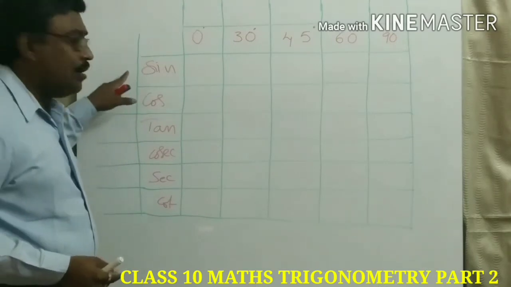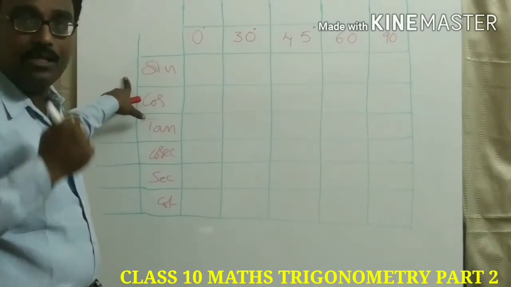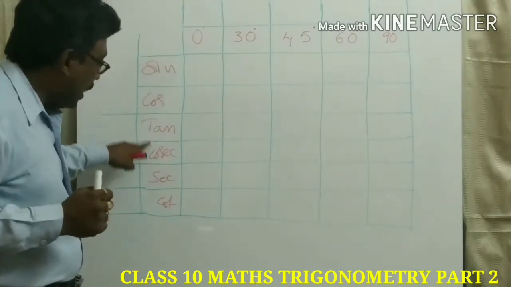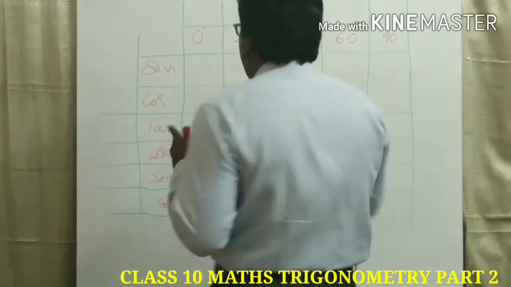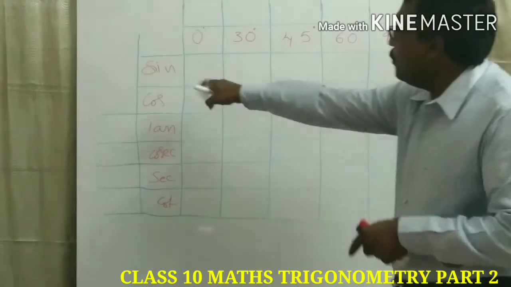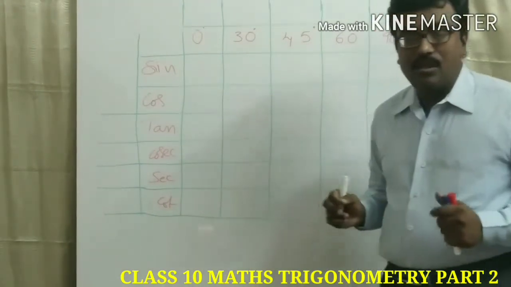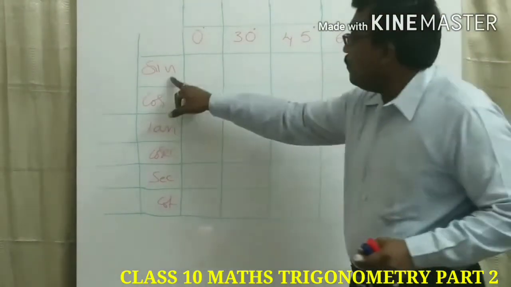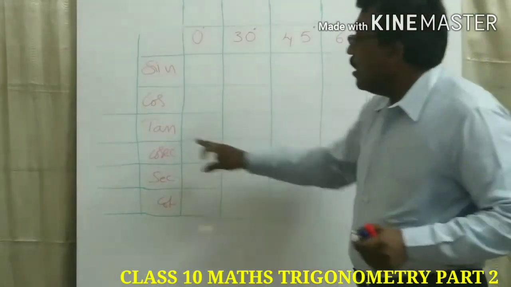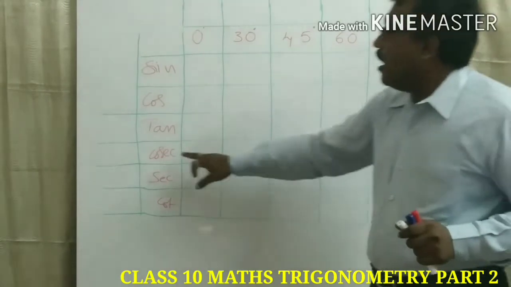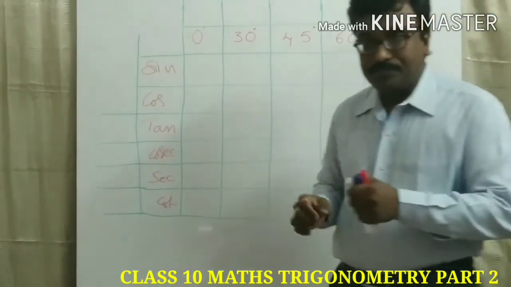We already learned that there are 6 trigonometric ratios: sine, cos, tan, cosecant, secant and cot. So what happens to these ratios at these specific angles? My question is, like, sine 45 is how much? Cos 30 degrees is how much? Tan 90 is how much? Or cosecant 0 is how much?